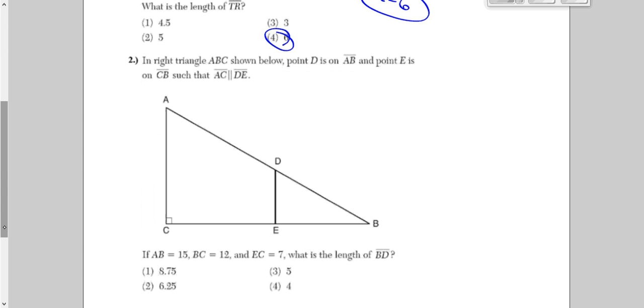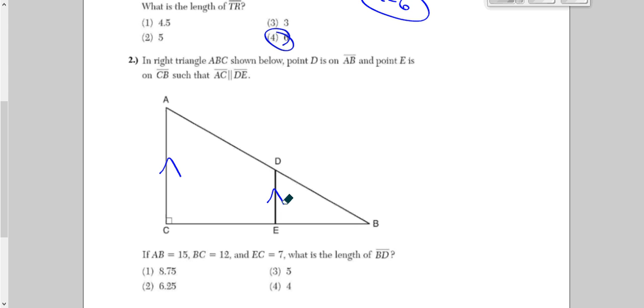Get things labeled in there. Okay, triangle ABC, then point D on CB such that AC is parallel. That's a parallel.